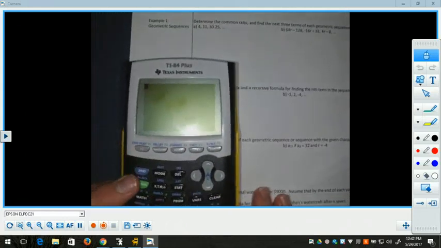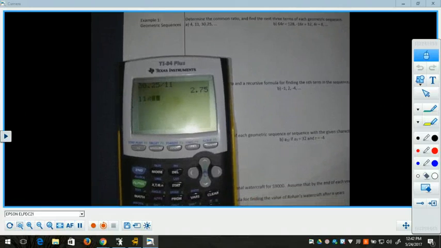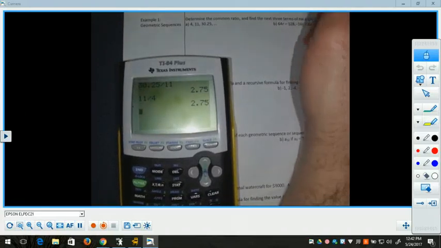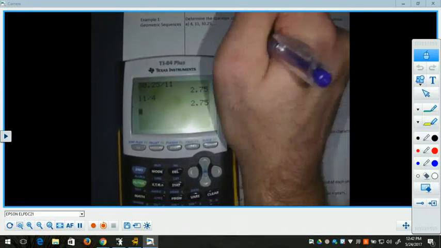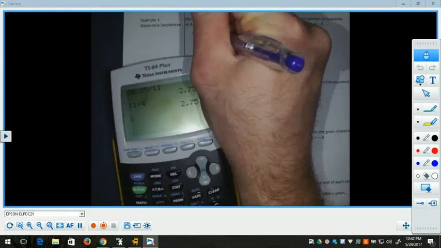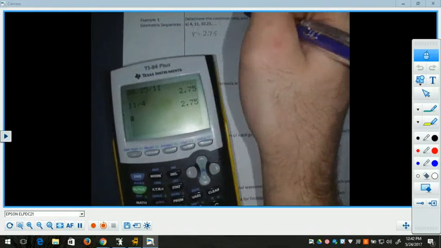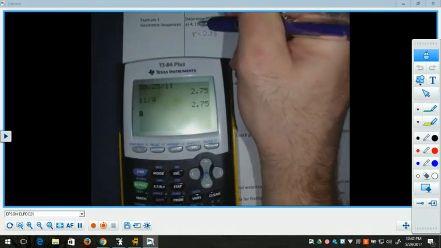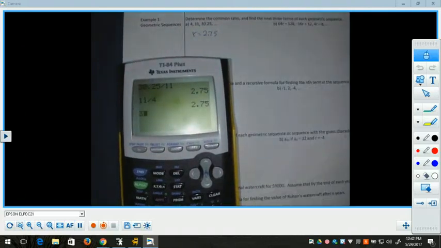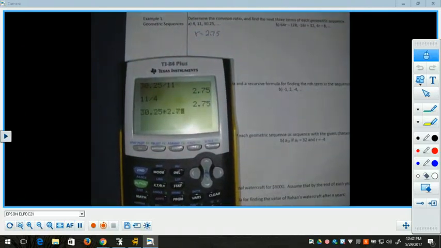So I need to start with 30.25 and divide by 11, and 11 divided by 4. This has to work for every term in the sequence. Well, I'm getting a common ratio of 2.75, which means 4 times 2.75 is 11, 11 times 2.75 is 30.25.